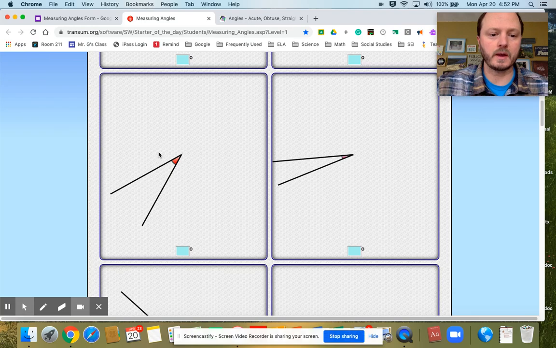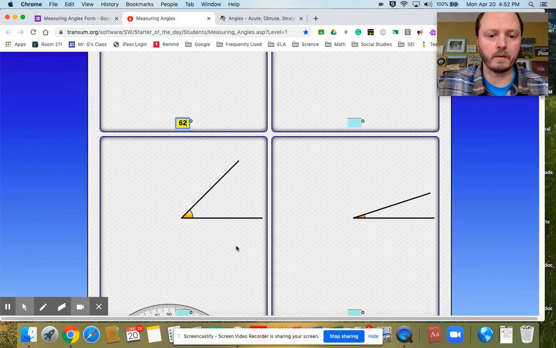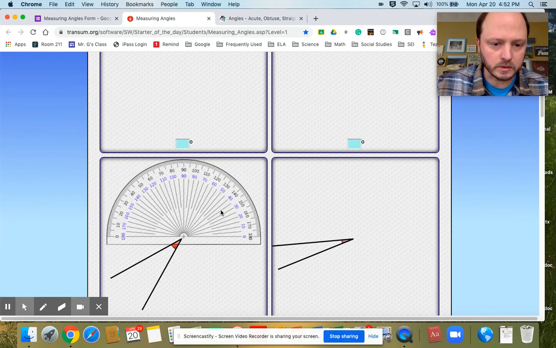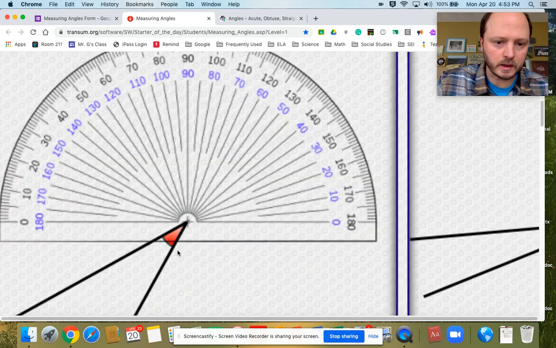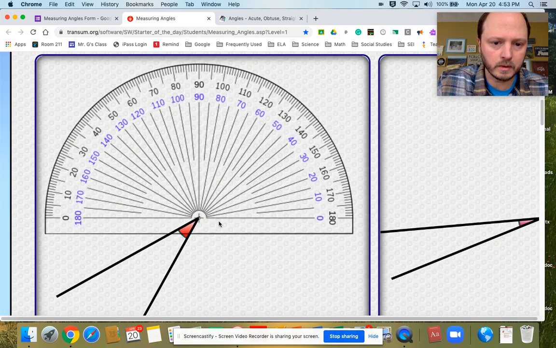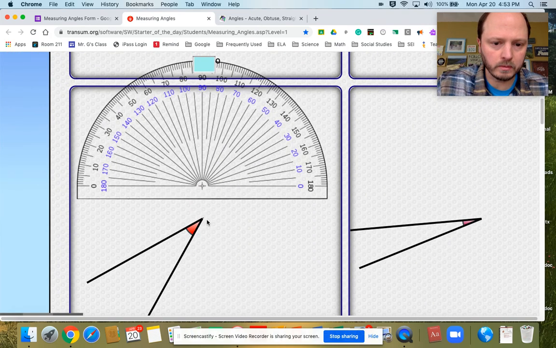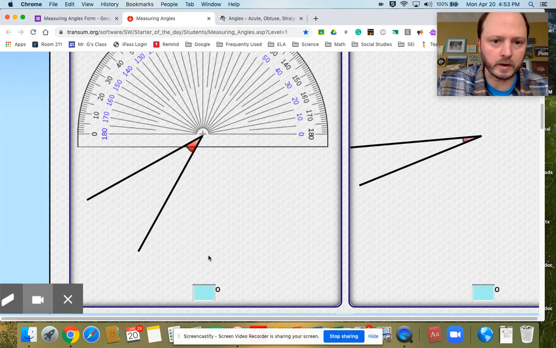Now, look, these ones have more challenging directions. So let's skip all the way down to there. And we are going to line up that vertex with that center point. And I'm going to zoom in again to make sure that it's on that center point. That looks pretty good. All right, now we are going to try to measure this angle.